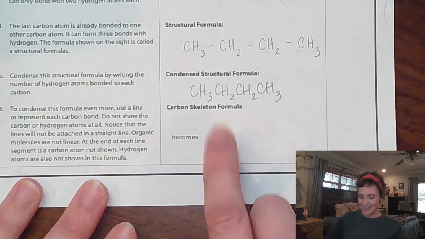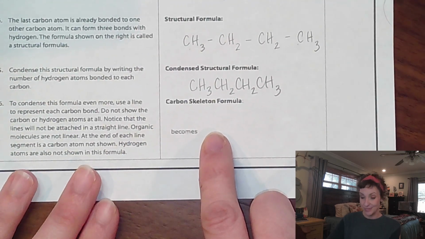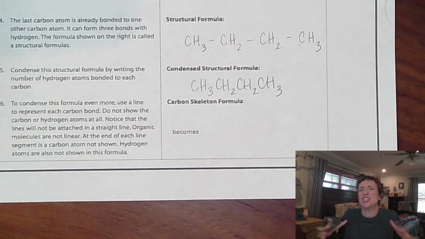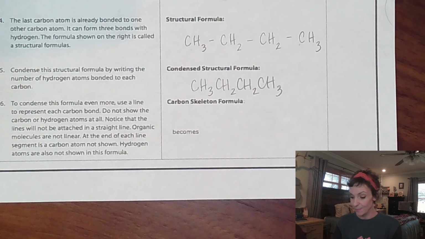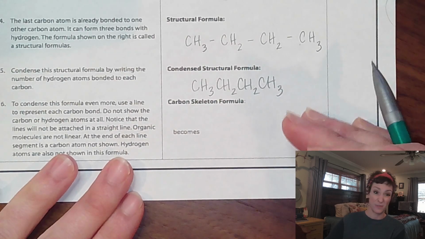Now this one's my most favorite one. This one is wackadoo, but you will see this a lot, especially in giant organic compounds. This is called a skeleton formula. I just get rid of all of the letters and I draw jiggity jag lines. Let me tell you what I'm talking about. So this butane has 4 carbons.